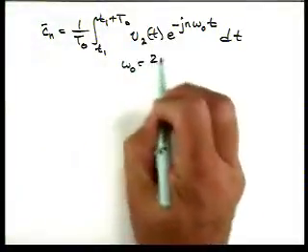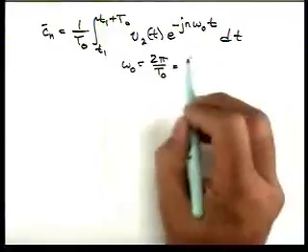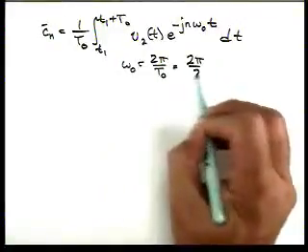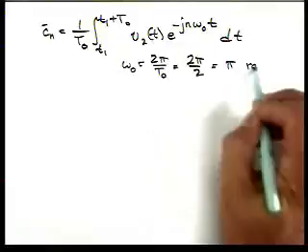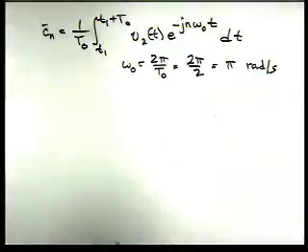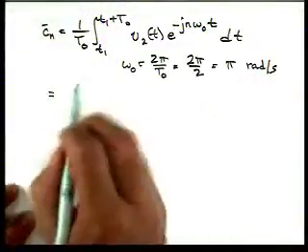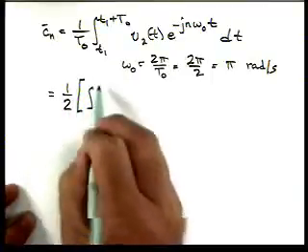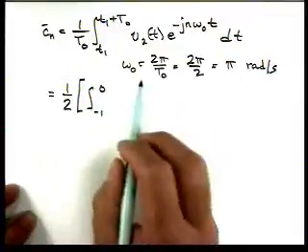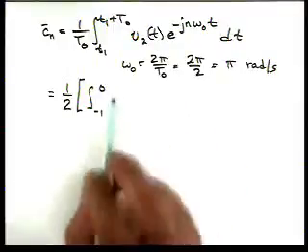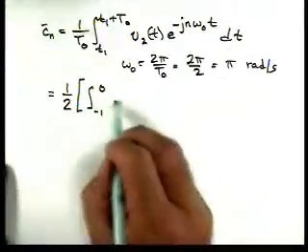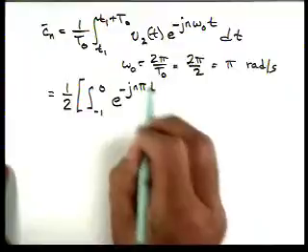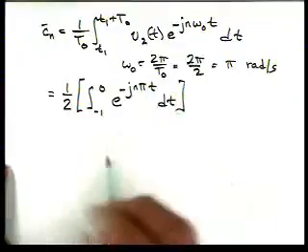We know omega naught here is 2 pi over T0, and T0 is 2, so we have 2 pi over 2, or pi radians per second. So now we have 1 over 2, integral from -1 to 0. The function v2 has a value of 1 from -1 to 0, so we have the integral of e to the minus j n pi t dt.